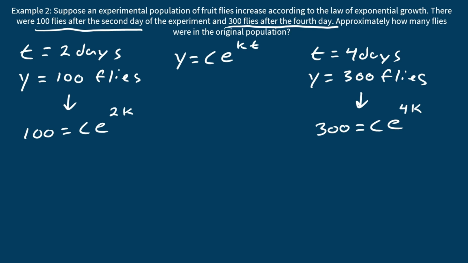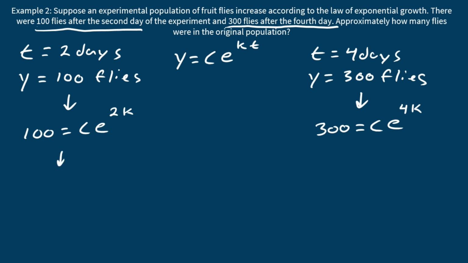Now in both of these sets, we know that our c values have to be the same. And also our k values are going to be the same. So what I want to do is set both of these equations equal to c. So I want to solve for c on both sides. So let's look at the first one.